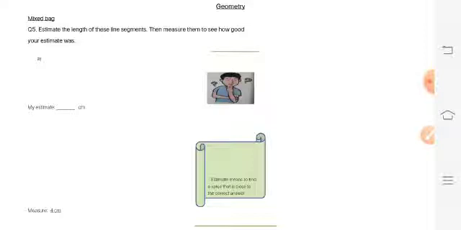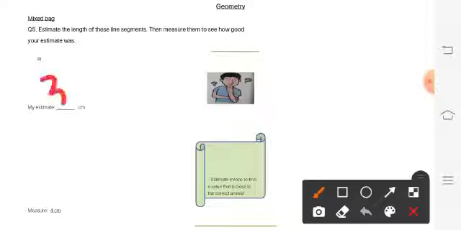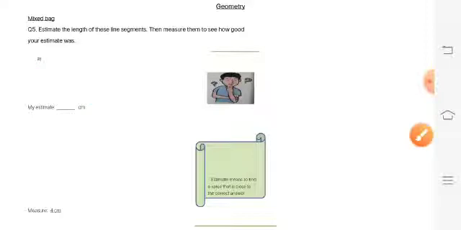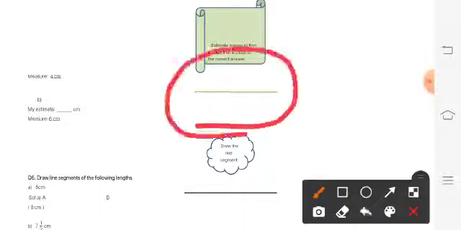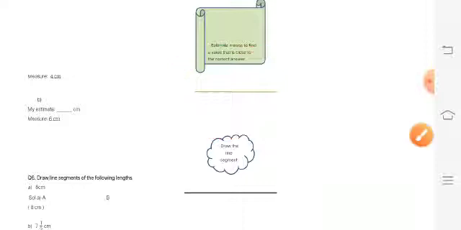If I say this line segment is maybe 3.5 centimeters, I write that approximation here, then measure it exactly through the scale, and write the exact measurement here. Similarly, in part B, you have a line segment, you just approximate the length, and then using the scale you measure the actual length. This was question number 5.